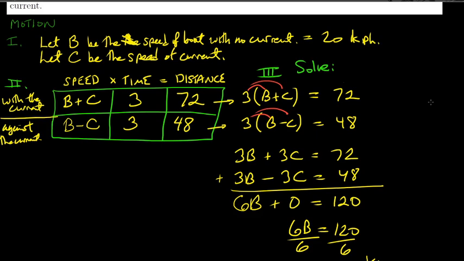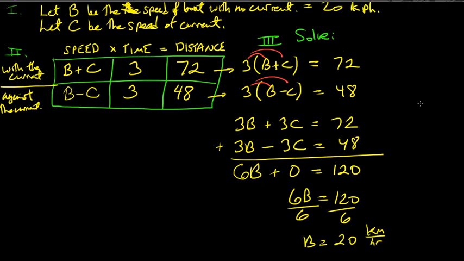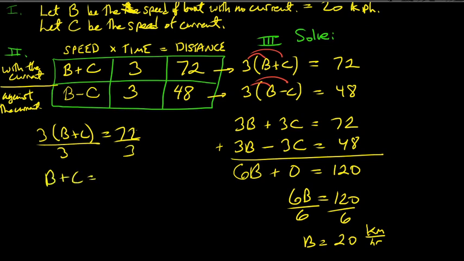And now we need the speed of the current. But look, if 3 times b plus c equals 72, and again, we really should have divided by 3 first. That would have been slightly easier here. Oh boy, I can't do that in my head. So what's 72 divided by 3?